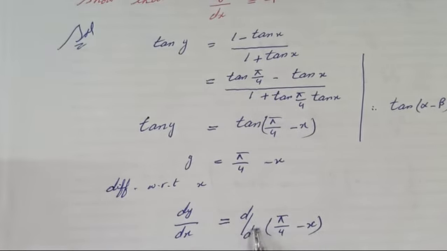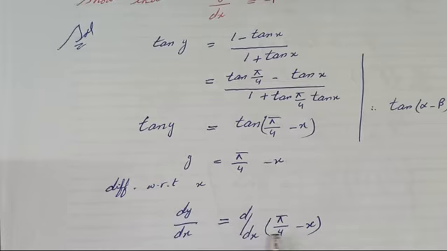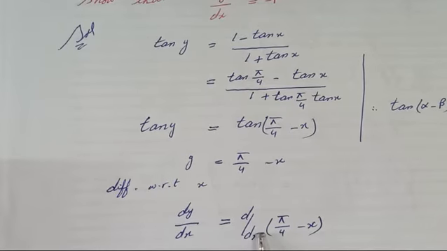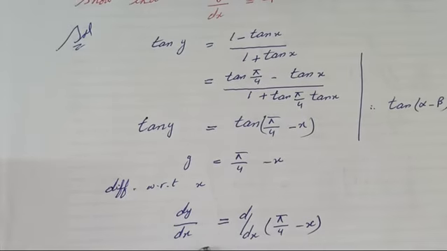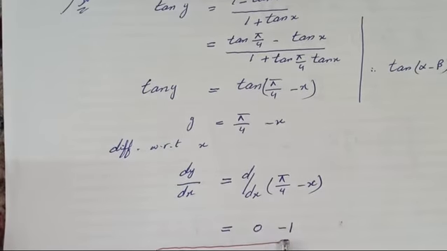Dear students, as we know, the derivative is a linear function, it can operate separately on all terms. So the derivative of pi over 4, which is a constant, is 0, and the minus sign stays as it is, while the derivative of x with respect to itself, you know very well, is equal to 1. So dy over dx is equal to minus 1.